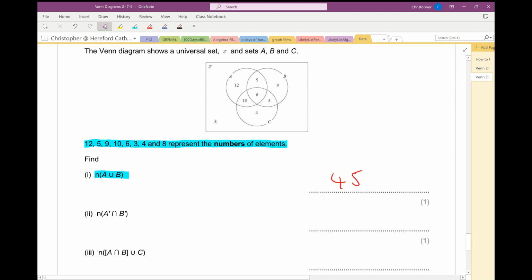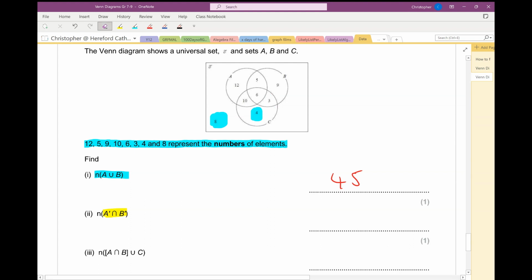Good. All right, next, the number of elements which are not in A and not in B. So to qualify, they need to be not in A and also not in B. Well, these ones are not in A and also not in B. These ones are not in A and they're also not in B. These ones, well, they're not in A, but they're in B, so they're not going to qualify.